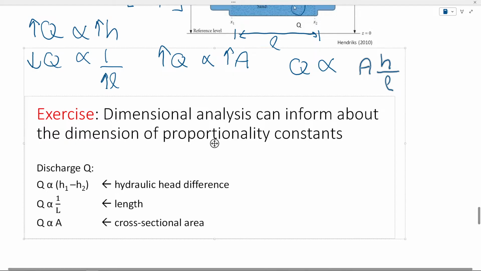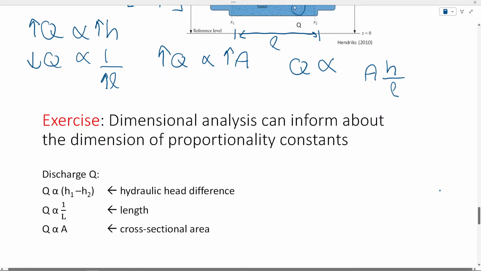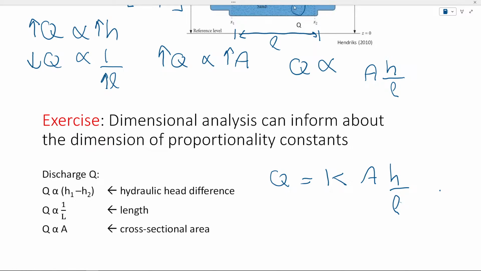I can say Q is equal to some constant K times A H over L. So now I got rid of the proportionality sign by putting in this constant. This is just a constant to remove the proportionality sign and make it an equation.